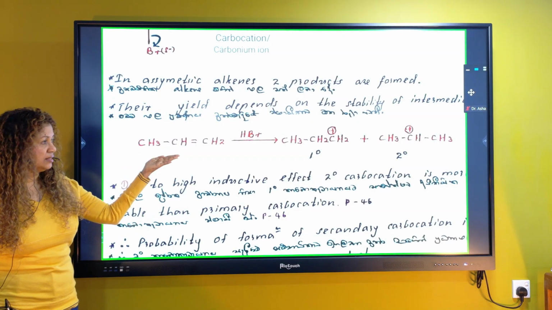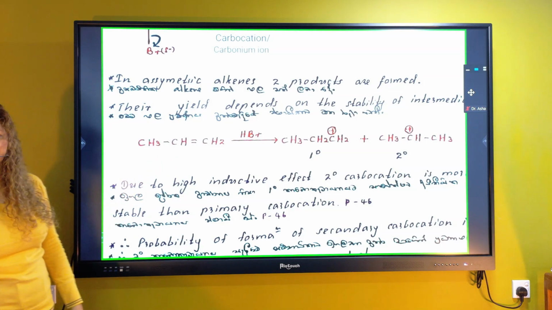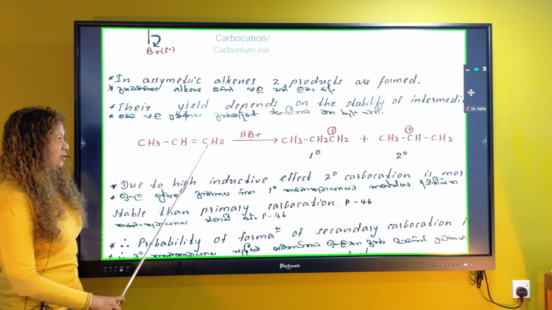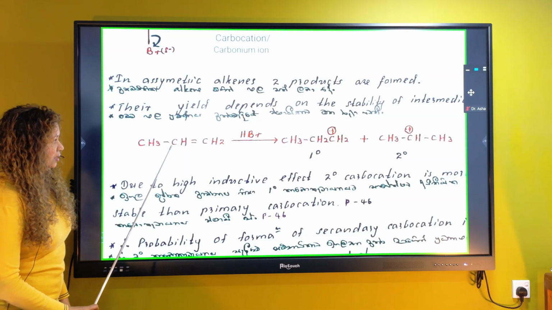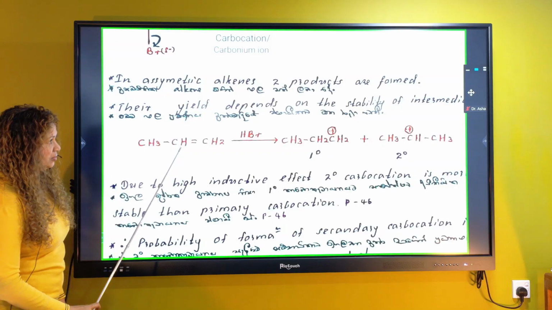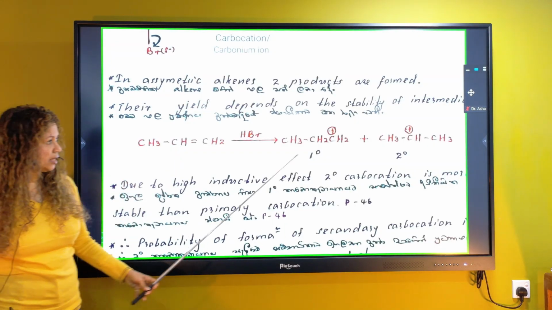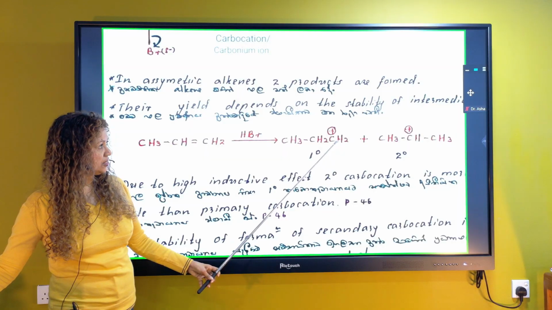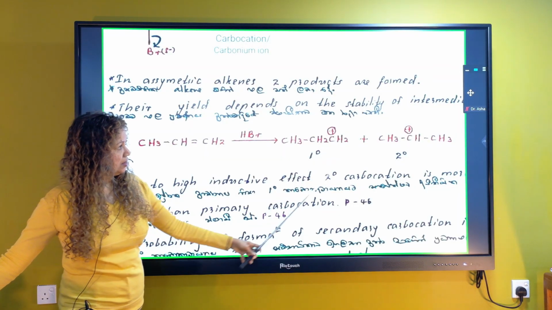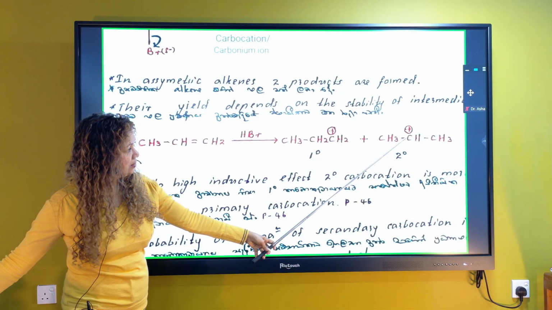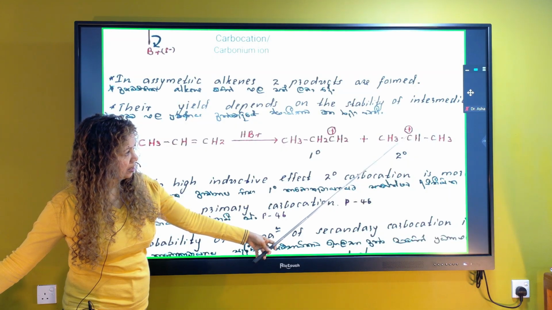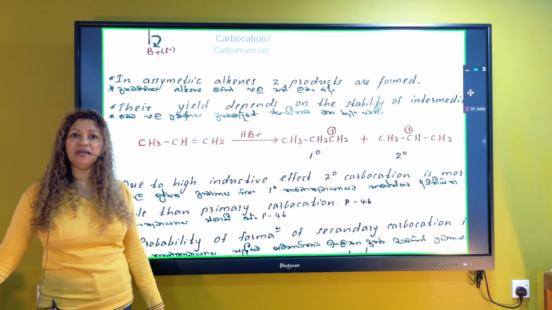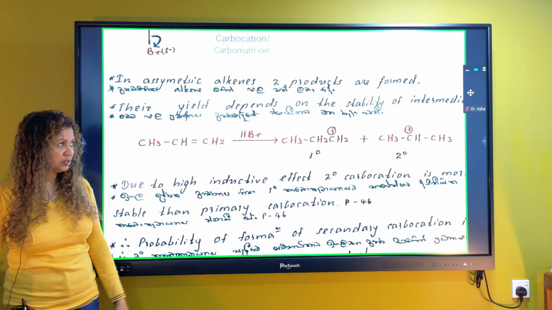Let's say this asymmetric one, here you have a C double bond C, and then you can have two different kinds of carbocations. At the terminal CH2 a primary carbocation, at the middle carbon a secondary carbocation. But you know that through the inductive effect, the secondary carbocation is more stable.